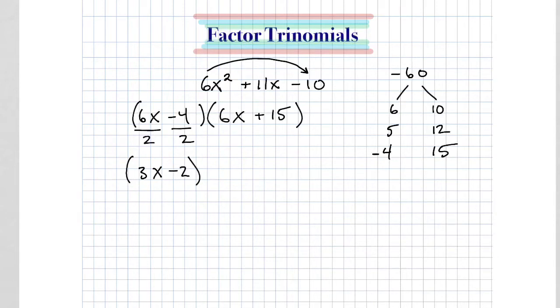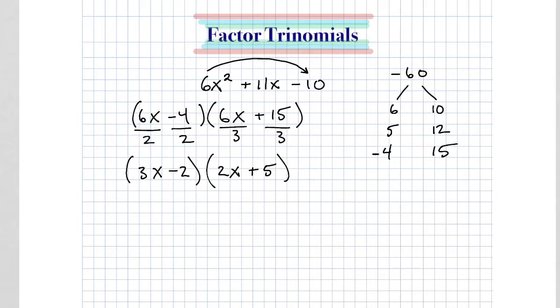The greatest common factor between 6 and 15 is 3. So we divide by 3: 6x divided by 3 leaves us 2x, and 15 divided by 3 leaves us 5. This is how we factored it out. Our final answer is 3x minus 2 times 2x plus 5.